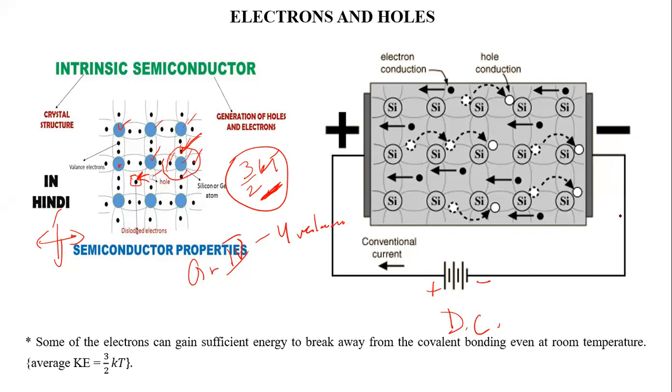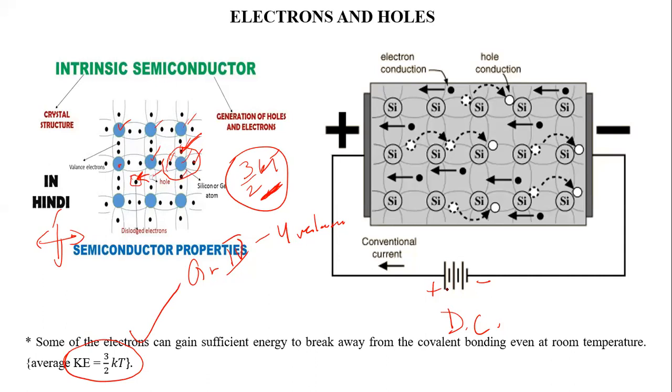And as I already said, once you create free electrons, those free electrons will move randomly due to the thermal energy 3/2 kT. They will have a random kinetic energy, but the random kinetic energy again cannot contribute to any electrical conduction because there cannot be any net transfer of charge.